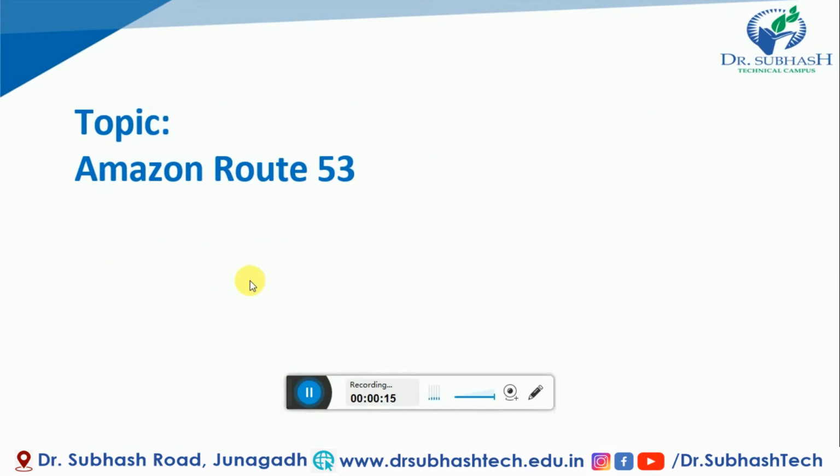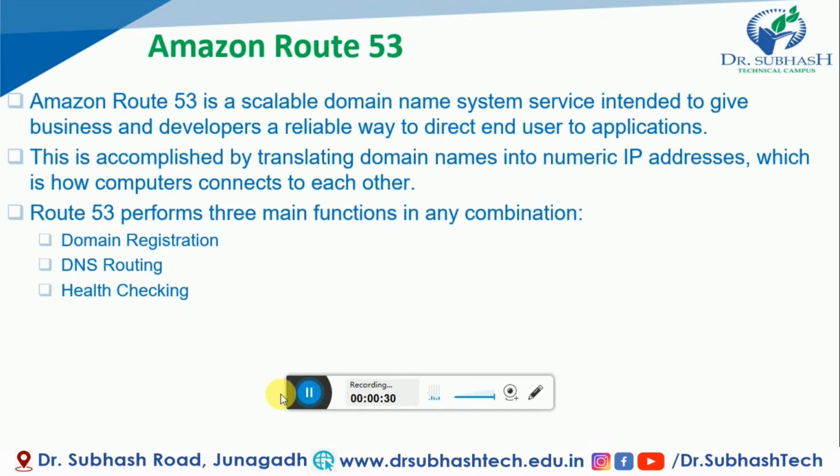Today we are going to see what is Amazon Route 53. Amazon Route 53 is nothing but one of the network services of Amazon. Now let us understand what is Amazon Route 53. Amazon Route 53 is a scalable domain name system.